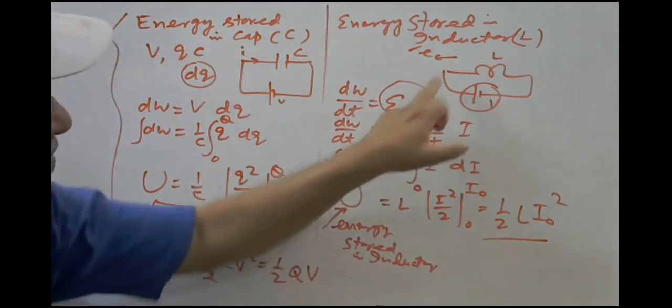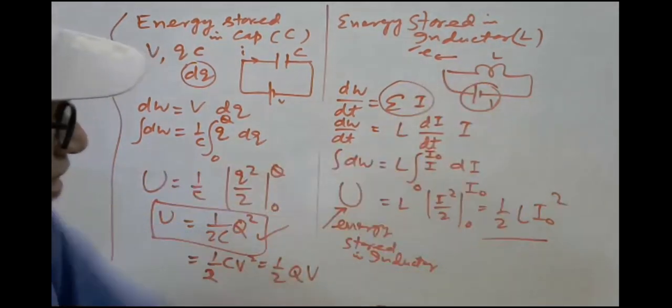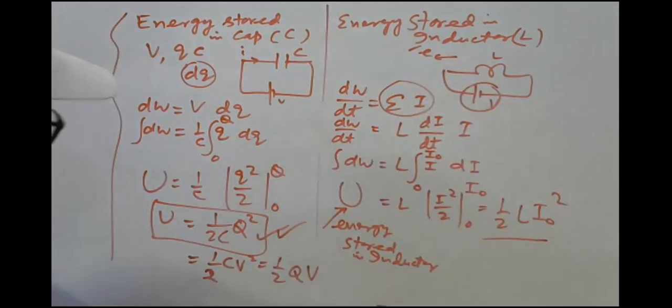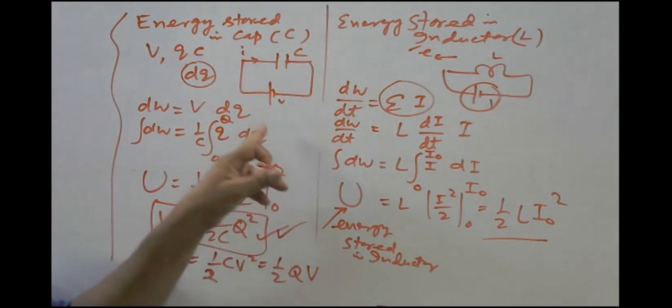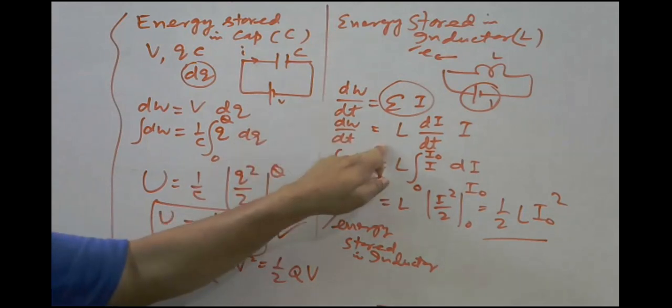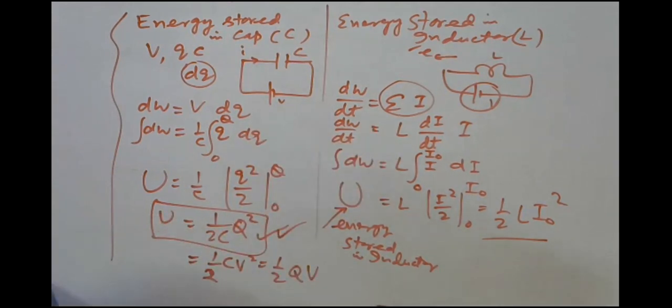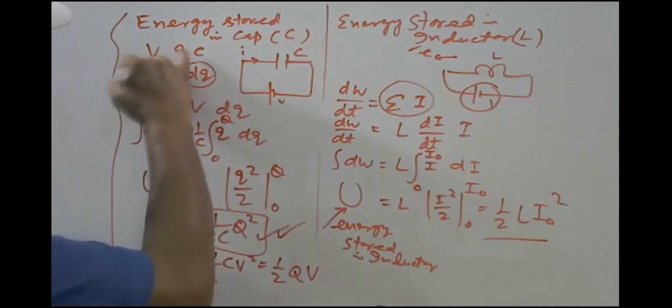So energy stored in inductor is half L I square, and here half Q square by C. See the difference, because we are using both things in the next discussion, that is LC oscillation. So we are familiar with this.